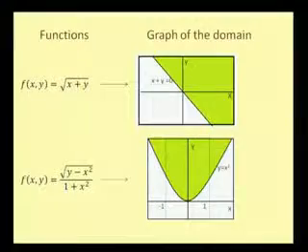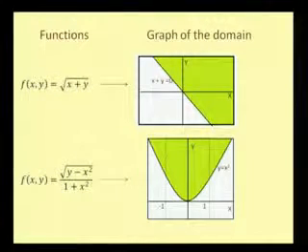Now here there are two other functions. f of x y is equal to square root of x plus y, again a square root function, so x plus y should be greater than or equal to 0. So the green shaded part is the domain of this function. In the next question, f of x y is equal to square root of y minus x square, again y minus x square should be greater than or equal to 0.